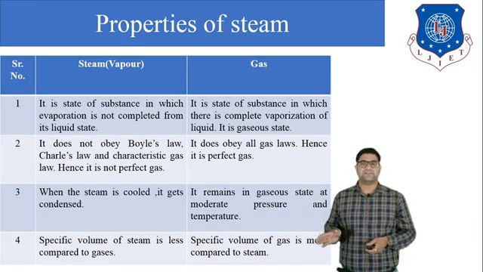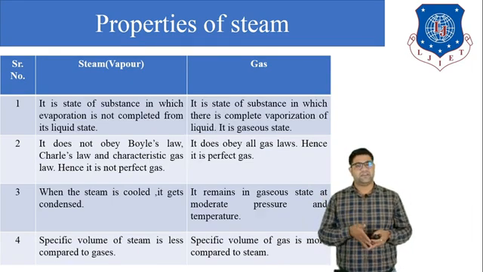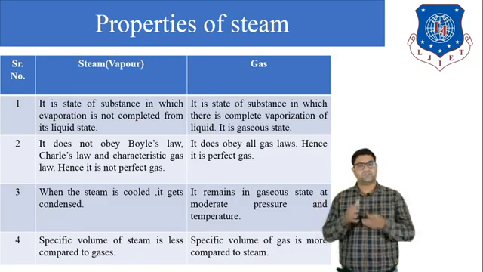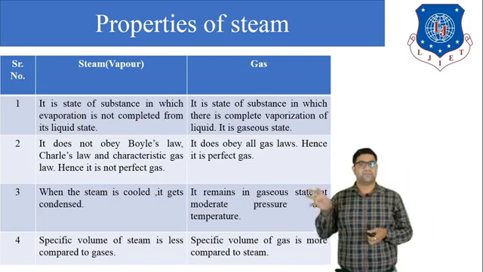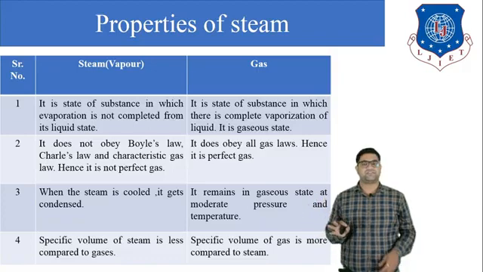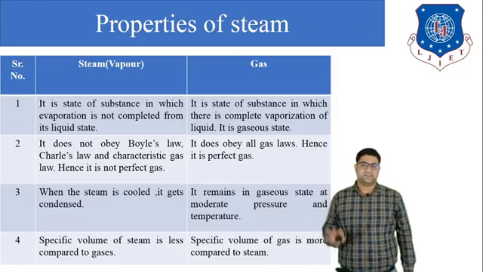Next, the specific volume of steam is less compared to the specific volume of gas, because gas occupies more volume compared to steam. So these are some basic differences between steam and gas.